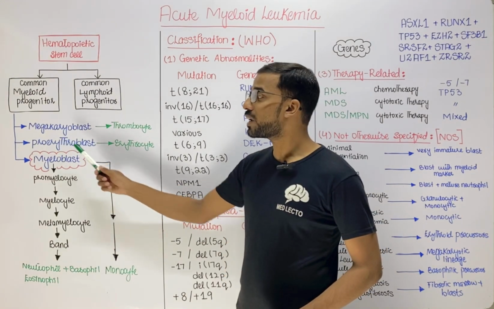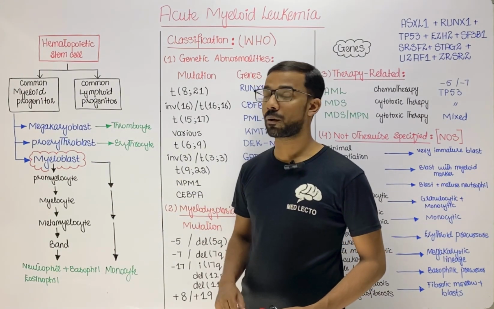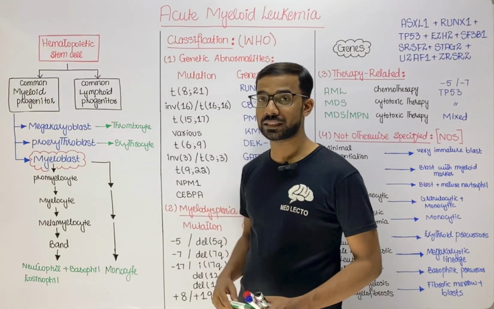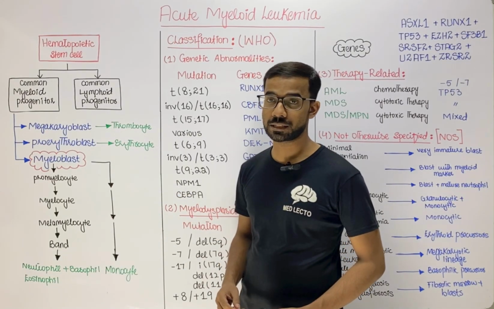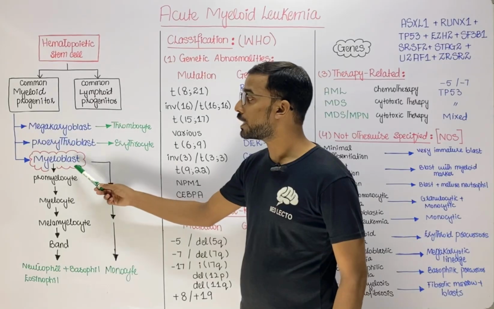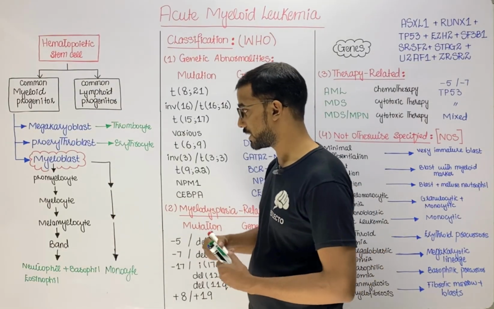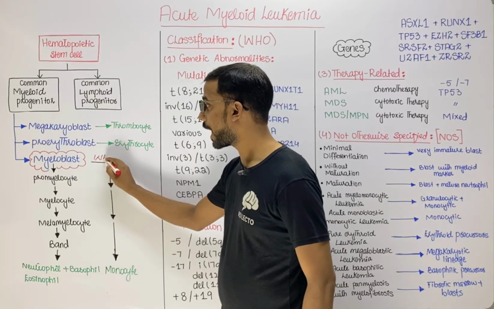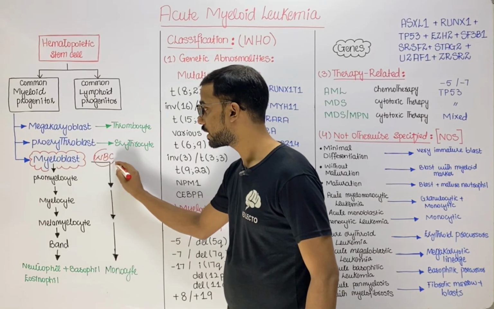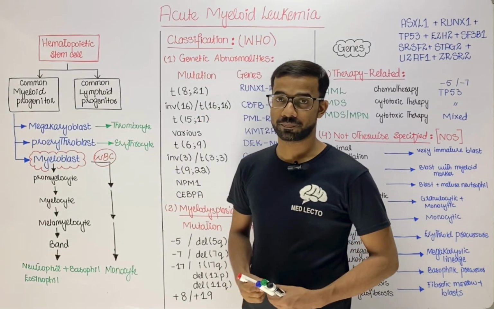From the proerythroblast, you will see the formation of the erythrocytes, or you can say RBCs. And from the myeloblast, you will see the formation of white blood cells. And what type of white blood cell, we will see later.